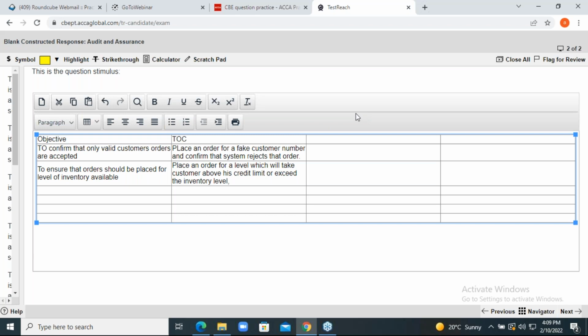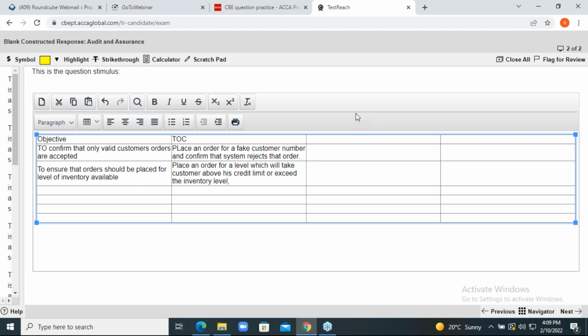Now, if we sell goods above this limit, there is a fair chance that this customer will not be able to pay back because we have sold him goods over his credit limit. Now, this is a risk. So what should the system do?